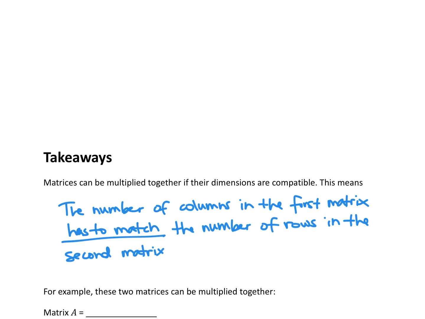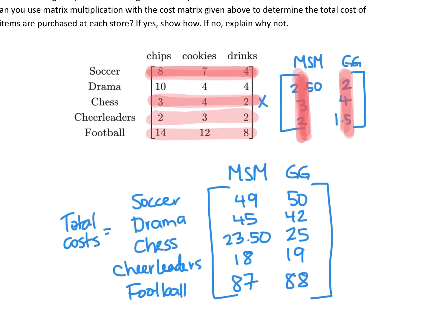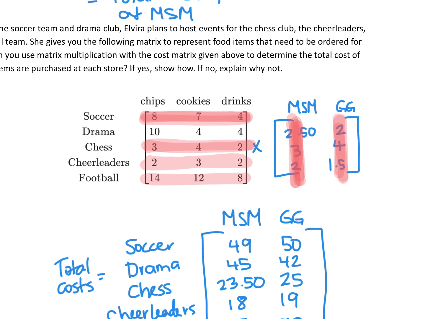I'm going to go back really quick and look at number 3 to illustrate this. So in number 3, they added a whole bunch of groups to the first matrix, but they still just had 3 columns. Do you see that? And for the cost matrix, they still had 3 rows.